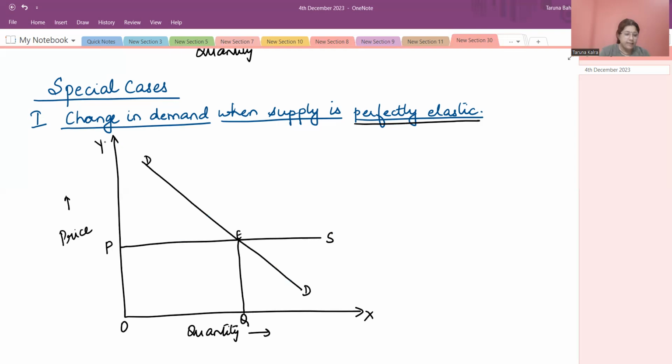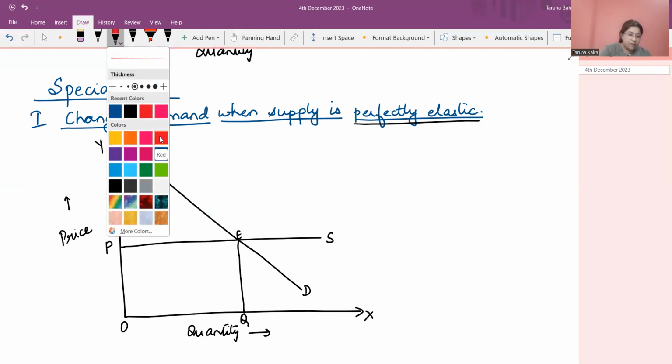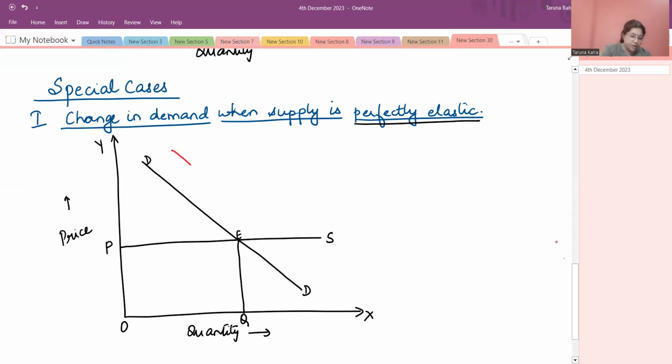Now let's study if the demand increases, then what will happen? Demand increases, the demand curve is going to shift rightward to D1, D1. So this is your increase in demand.